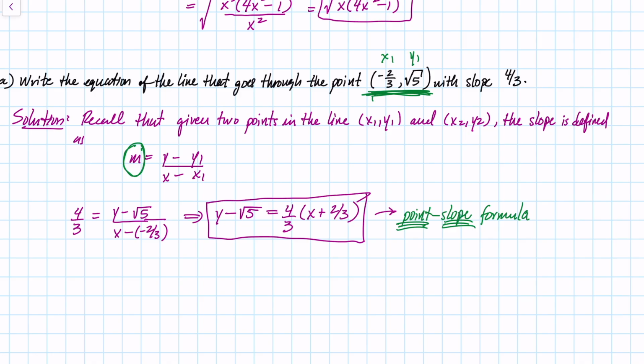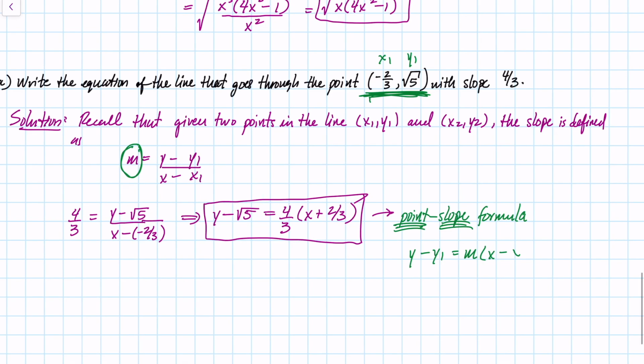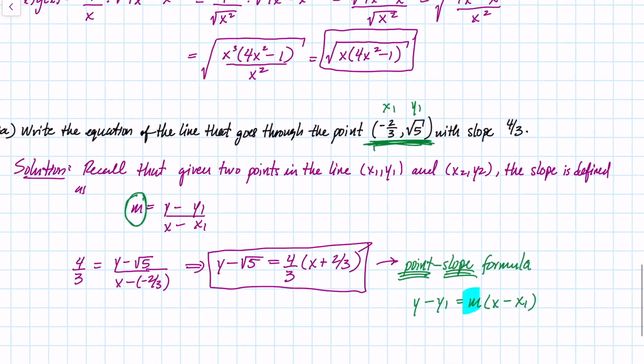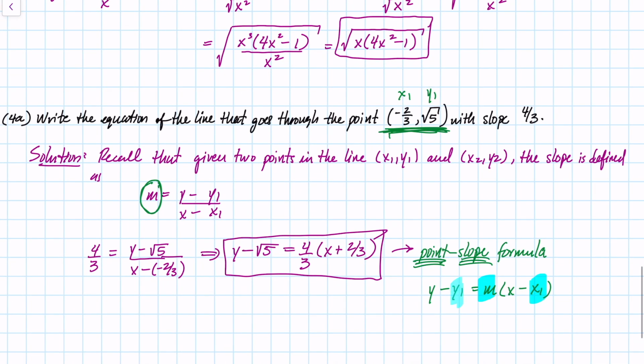Okay, and in general, that formula is of the form y minus y1 equals your slope times x minus x1. So if you have your slope and you have 1 point, which will be your x1 and your y1, as long as you have that, you can find an expression for your line y in terms of x.